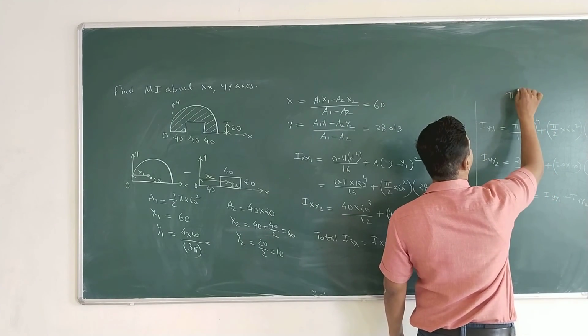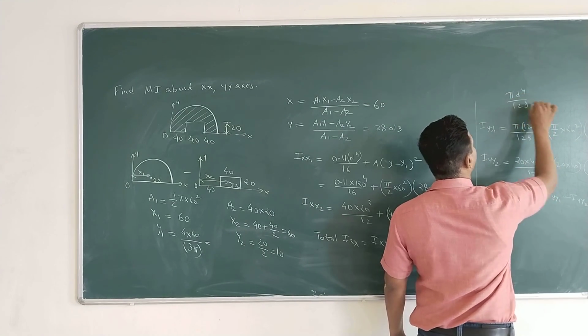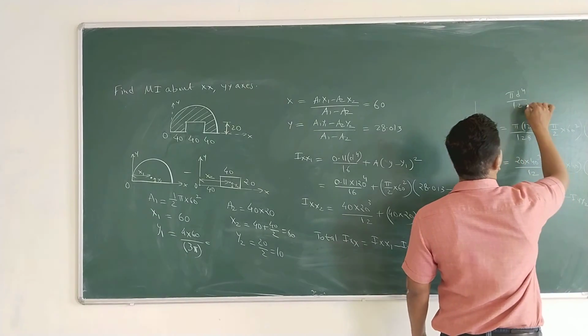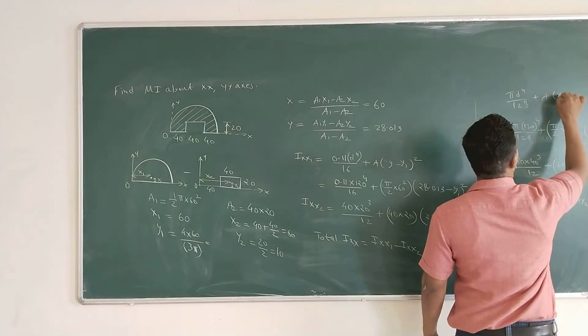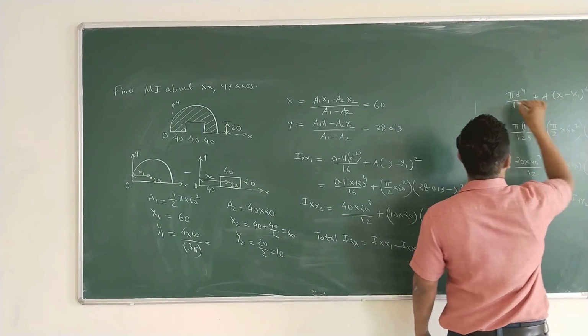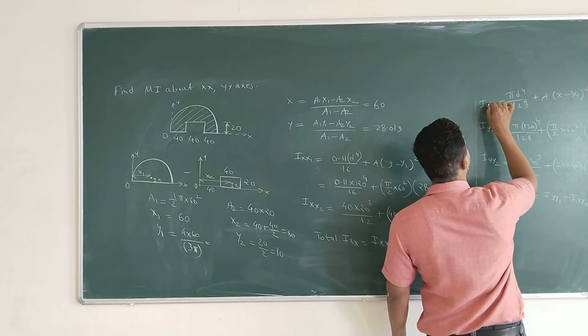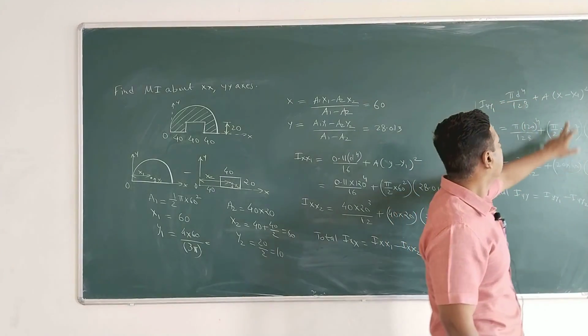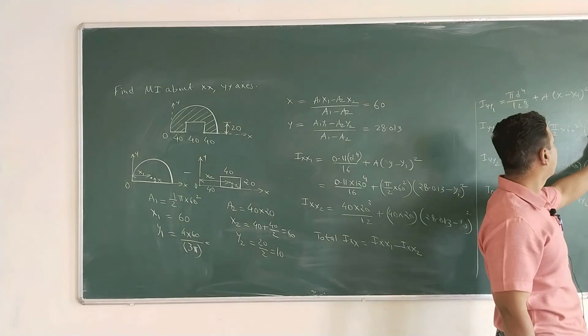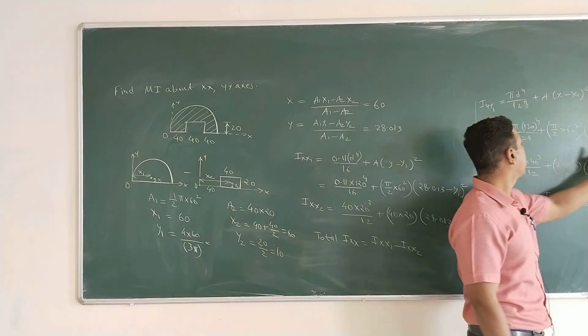The formula is pi d raised to 4 upon 128 plus area into x minus x1 square. This is the formula for Iyy1. So x is 60, x1 is 60, this will become 0, so don't consider this part.